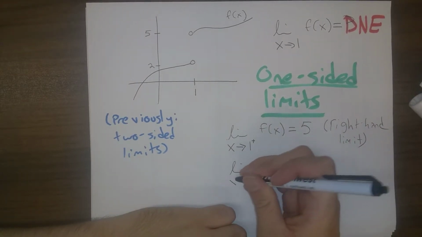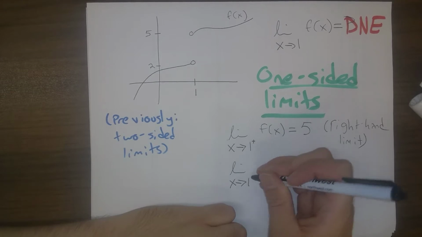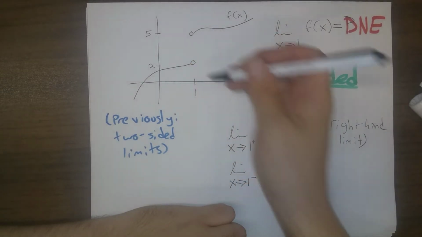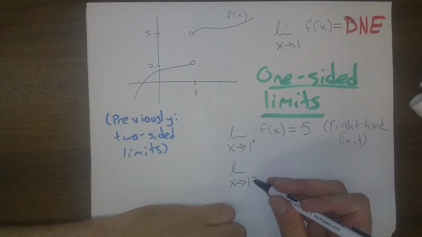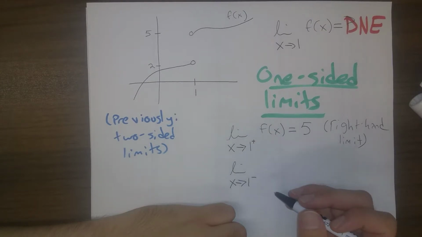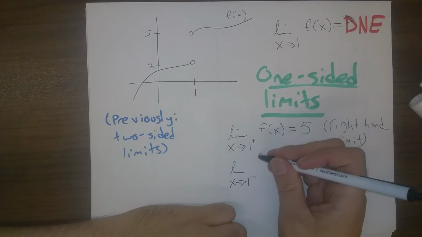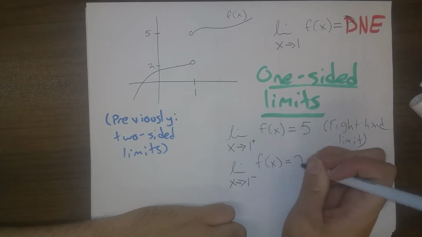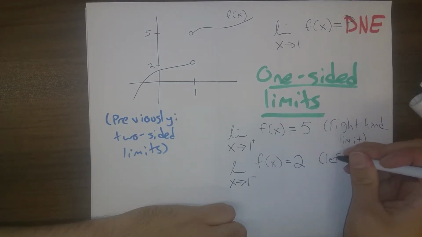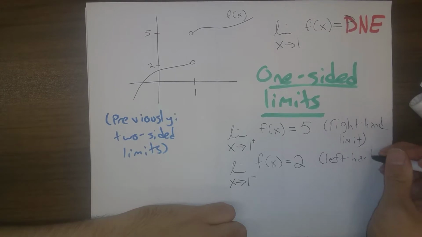Or the limit as x goes to 1 from the left. We said that's getting closer and closer to 2. To indicate that we're getting closer and closer from the left, we put 1 with a little superscript minus sign here. And so that's our left-hand limit.